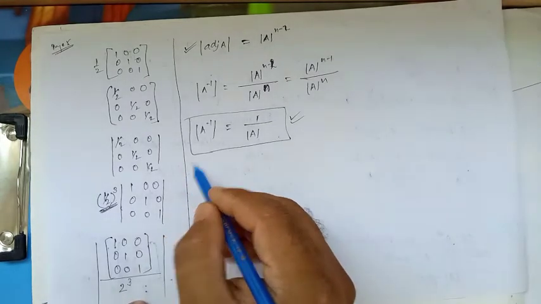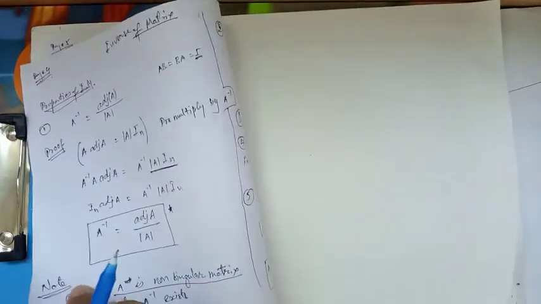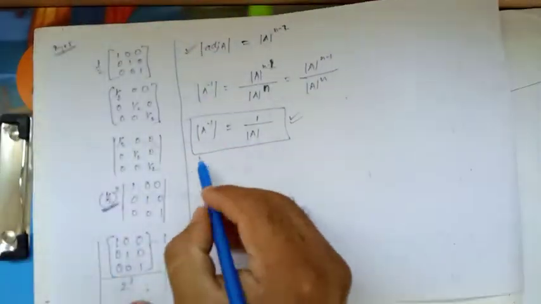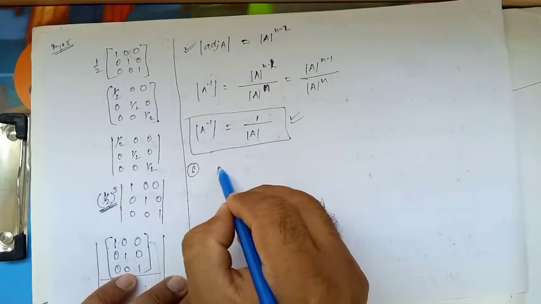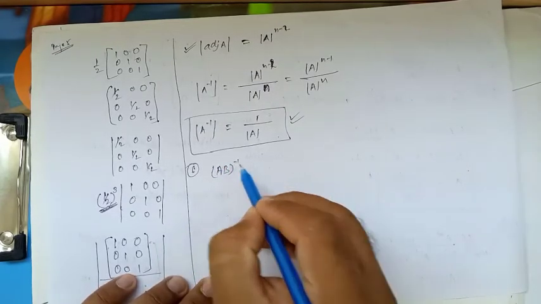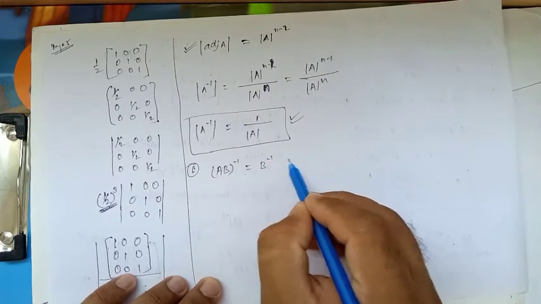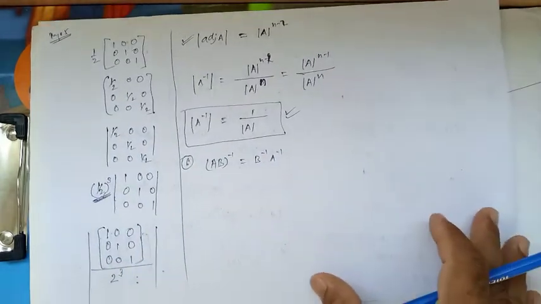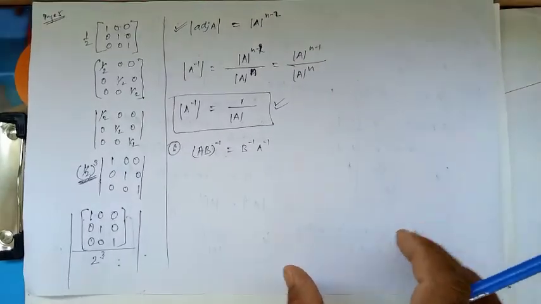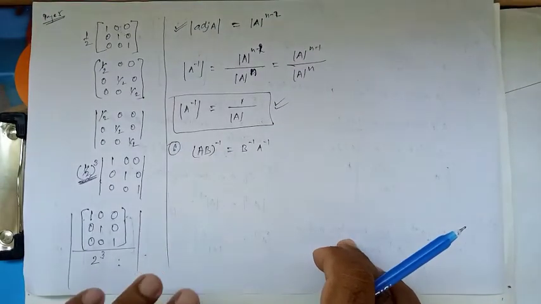Further, point number 6, I guess, we have seen in the previous slide that (AB) whole inverse will give you B inverse and A inverse. You can just go through matrix multiplication and you will find out how it will work.